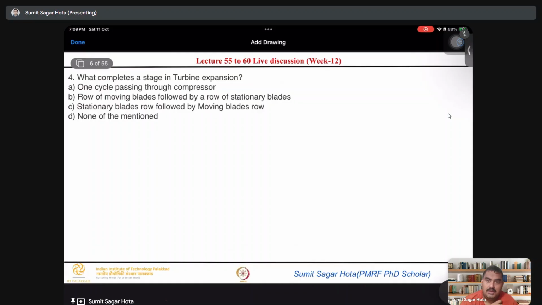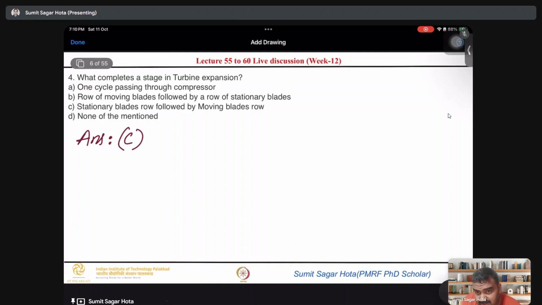So the answer is C. What completes a stage in a turbine expansion?